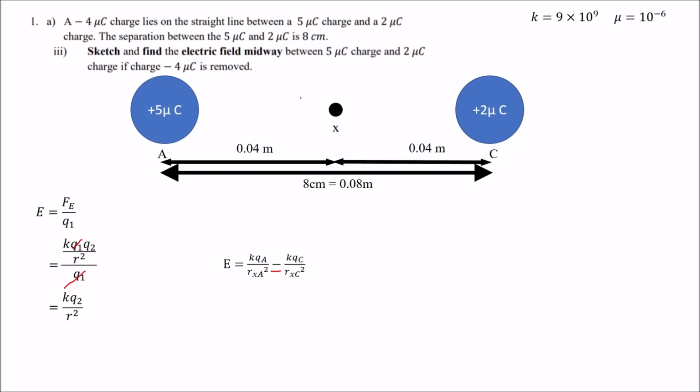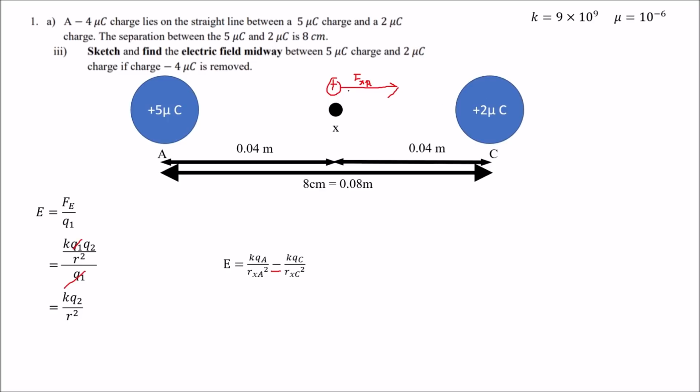So let's say for this one, if we were to put a positive test charge over here, what will be the force experienced by the charge over here? For A, it will be moving toward the right side, because this one is positive, it will be repulsive, so it will be acting toward that side. So F acting on X by A.